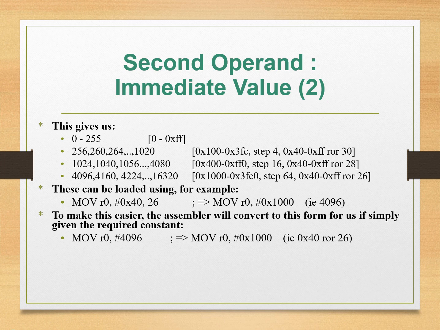To make this easier, the assembler will actually convert to this form for us if we simply give the required constant. For example, you can also write this number, and then the assembler will compile it, actually convert it for you.